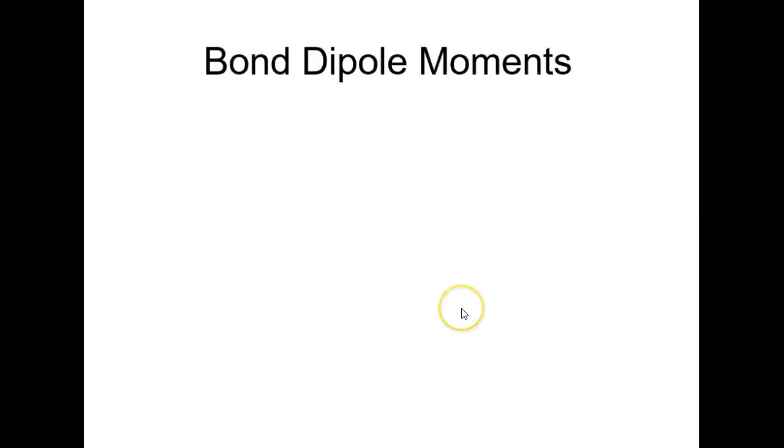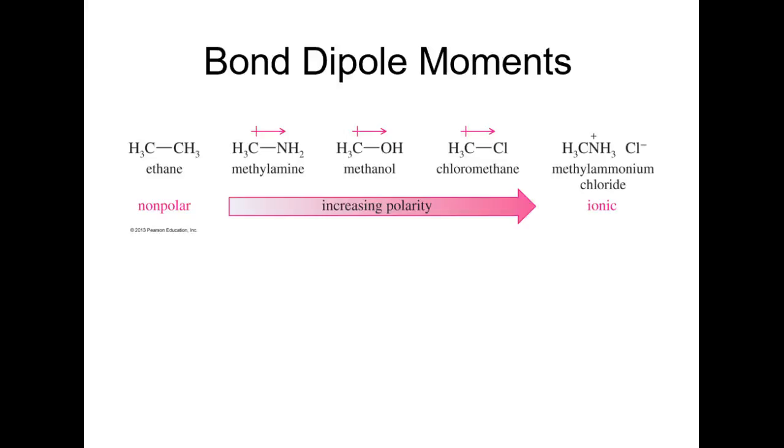Dipoles, polarity, determining if your molecule is polar or nonpolar. That's what we're going to do next. This uses what we learned about electronegativity and bond polarity. You increase polarity as you attach a more electronegative atom to it, and it becomes more and more ionic.